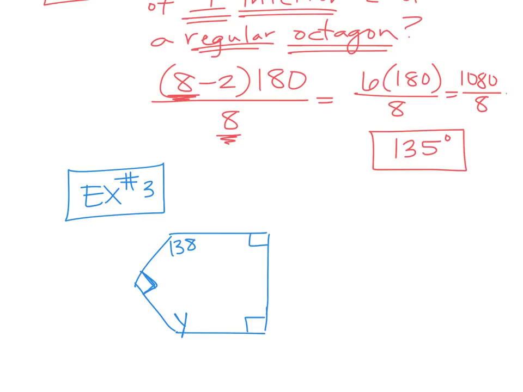Okay, so let's say you have this picture, and they say, find the measure of angle Y. First of all, is that a regular polygon? No. Why not? Because your angles are different, right? You have some that are the same, but you definitely have one that's different, at least, right? So it's not regular. So we can't just plug it into n minus 2 times 180 divided by n. But can you tell me the sum of the interior angles of this one? How would you do that?